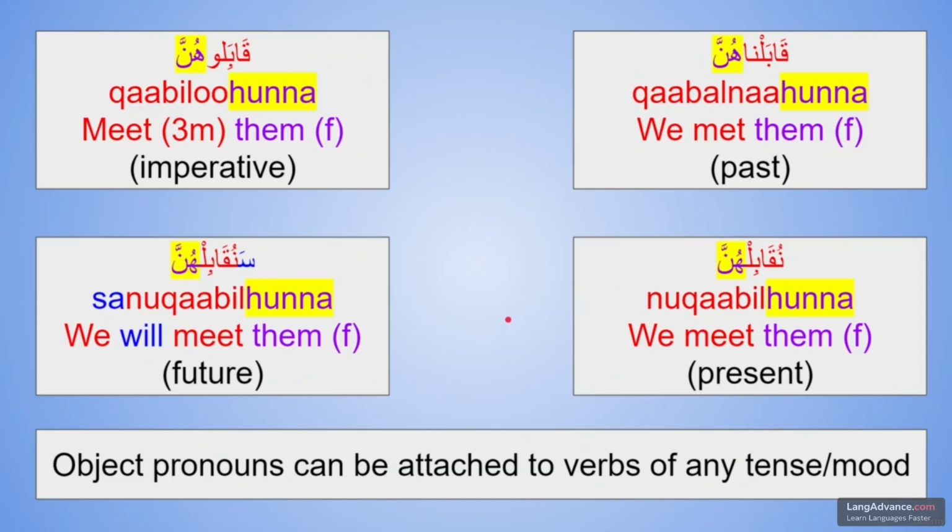And for object pronouns, they can be attached to any verb, whether past or present or imperative. So if you want to say in the past, we met them, قابلناهن. And then for the imperative, if I'm telling a group of people to meet them, قابلوهن.